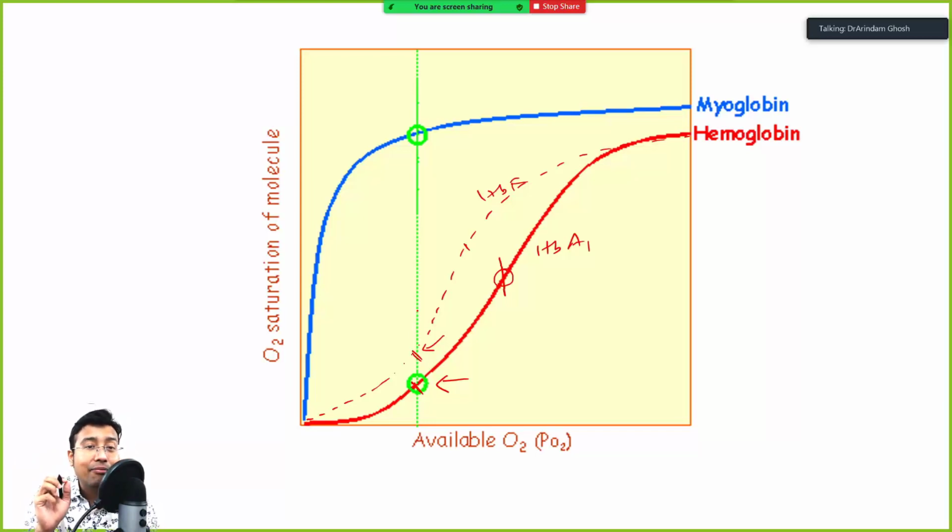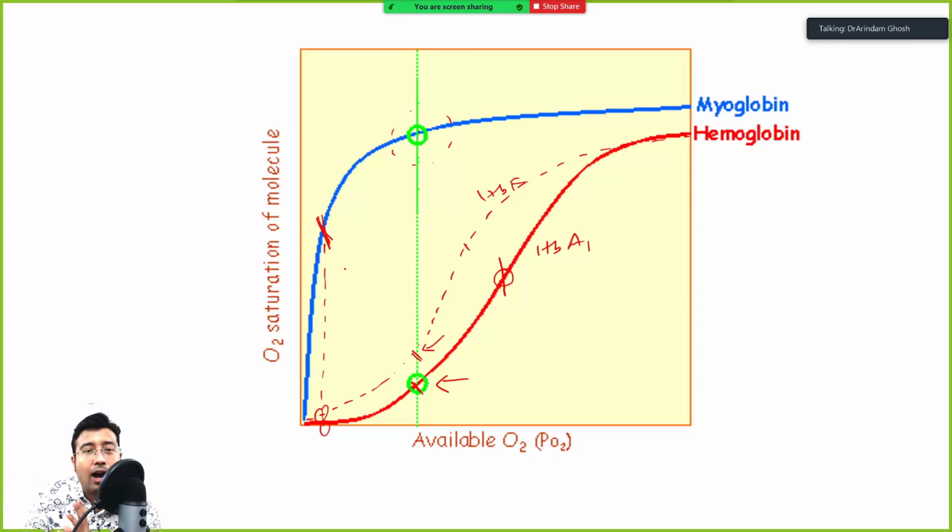But still, even at that partial pressure, myoglobin is almost more than half saturated. So if you see, this will be around 2 to 3 torr, and at 2 to 3 torr, adult hemoglobin and fetal hemoglobin have almost 0 affinity. They will never bind to oxygen. However, myoglobin still grabs the oxygen, right?